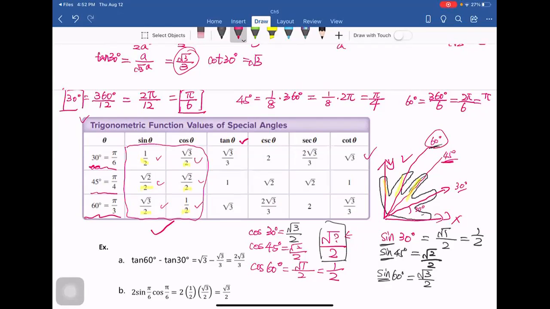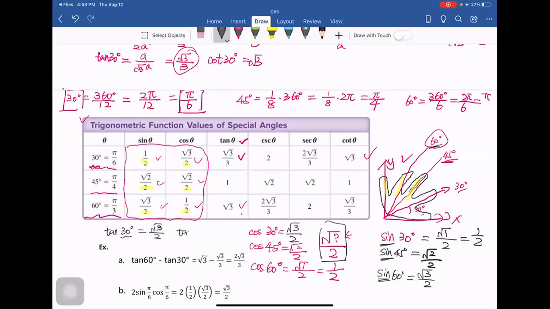And remember, for the tangent, we actually have only 2 values to memorize. One is square root 3 over 3. One is root 3. So which special value of tangent should be square root of 3? I use my way to memorize because I know that 30 degree is small. So tangent 30 degree should be square root of 3 over 3.